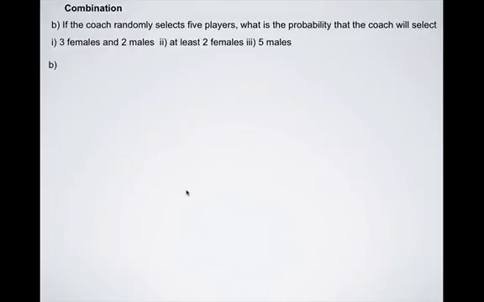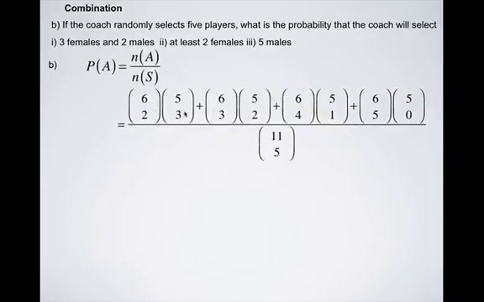Now, if the coach is going to select at least 2 females, well, there's a couple ways you could do this. You could add up all of these, because this is the number of ways that the coach could pick 2 females times the number of ways that the coach could pick 3 males, plus the combination of 6 choose 3.